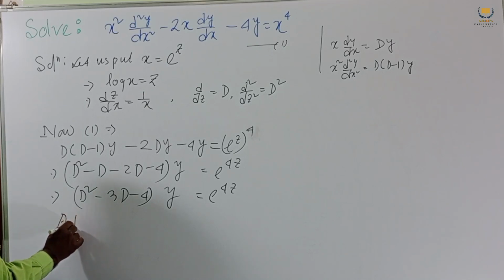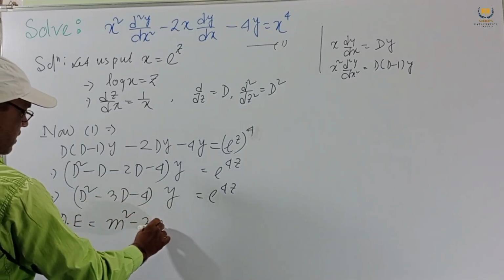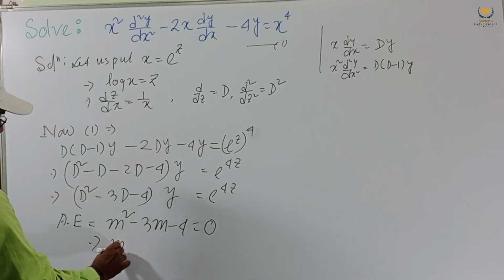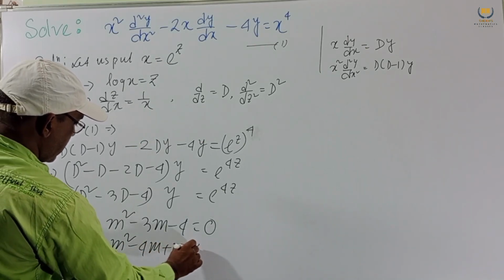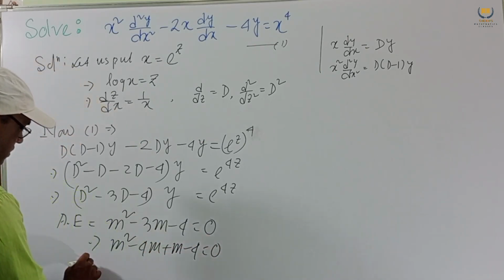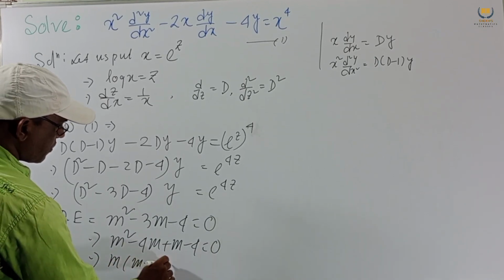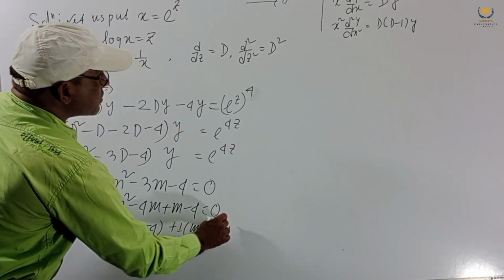Now the auxiliary equation is m square plus m minus 4 equals 0. This is m square minus 4m plus m minus 4 equals 0. Then m common, m minus 4, 1 common, m minus 4 equals 0.